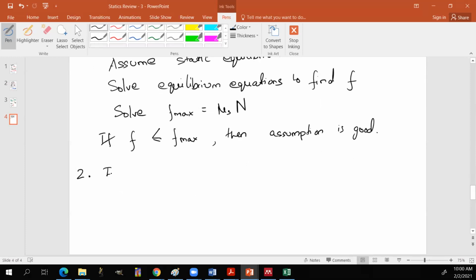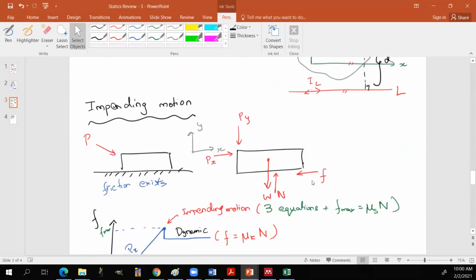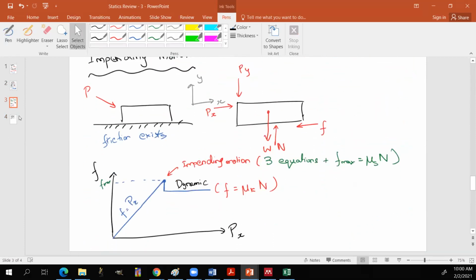All right, so then if you're right at the point of impending motion, and you know where you are, you just have 4 expressions: the 3 equilibrium equations and the max friction.